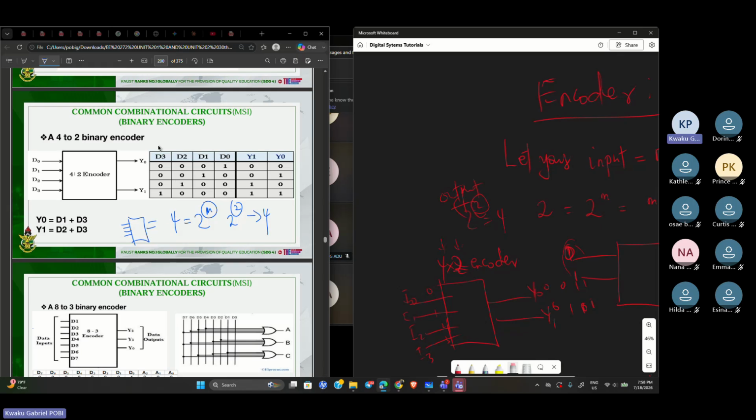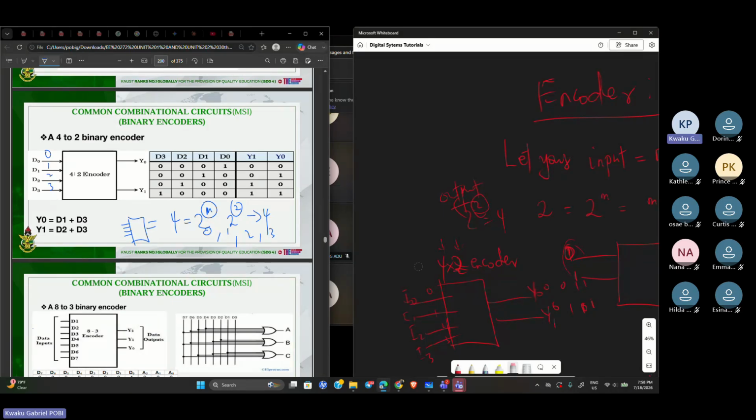So here, your 4 inputs, right? It ranges from 0 to 3 in a way. So if your output is 0, 0, then D0, which is 0, is here, 1 is here, 2 is here, 3 is here.